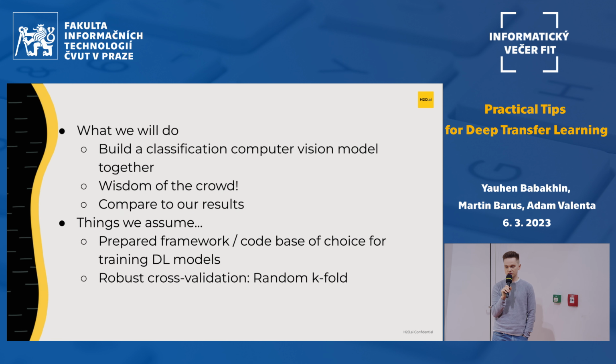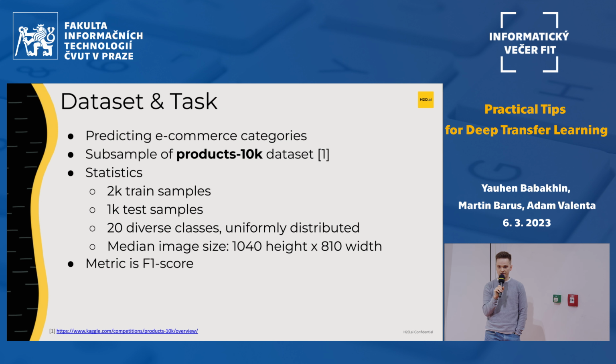Firstly, we'll use random k-fold for the validation. And in the end, we also have a holdout set with test images that the model hasn't seen during the training. This will be done on a small subsample of the Products-10K dataset. The dataset is an image dataset with photos of e-commerce products that were taken by actual users.